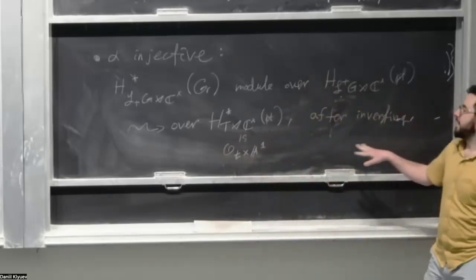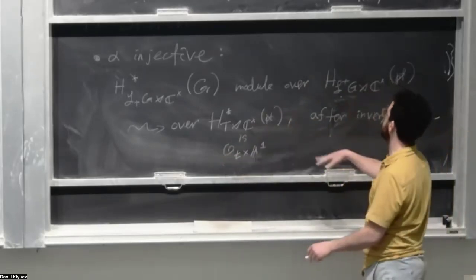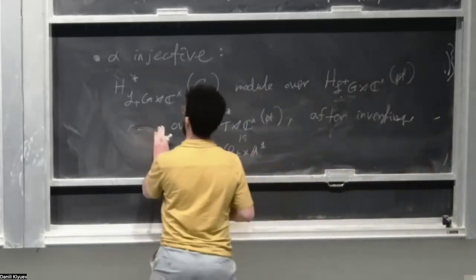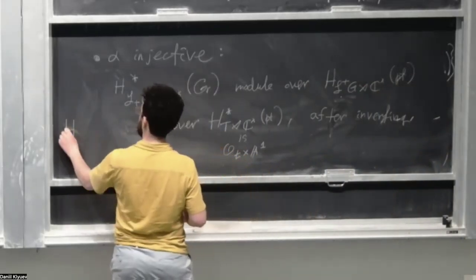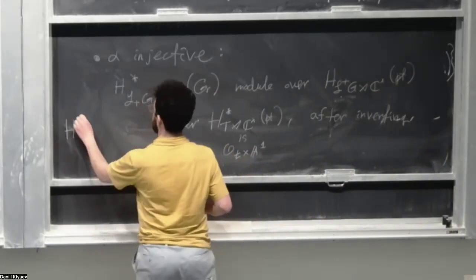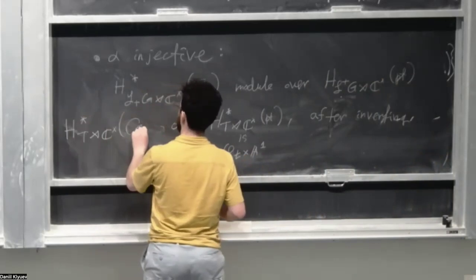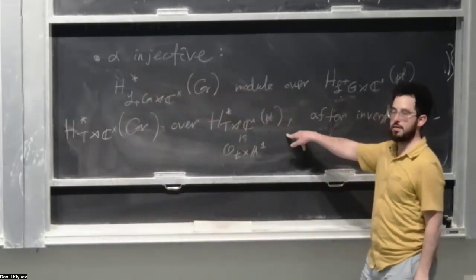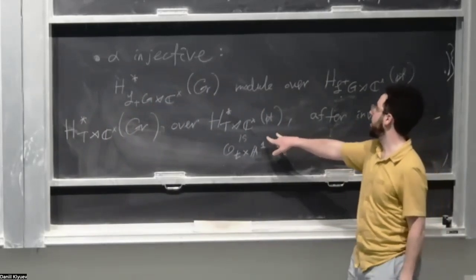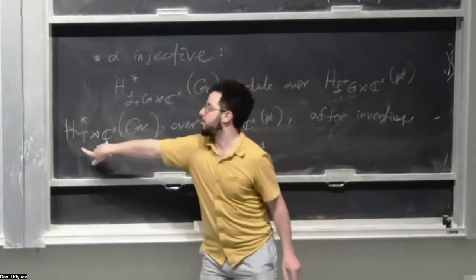It's a module over that, and the statement is that, as long as some finiteness conditions hold, if you invert the base ring, you can restrict here to fixed points of that.